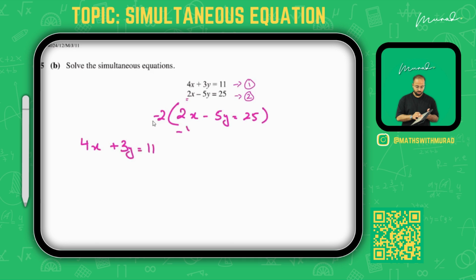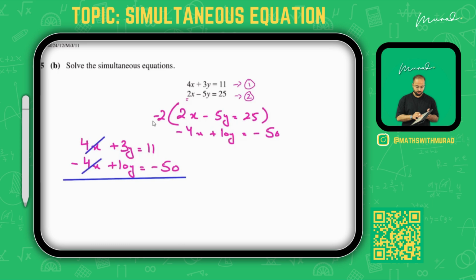Now after multiplying, I'll get minus 4x plus 10y equals minus 50. So that's the answer which I'm going to get, right? I'm going to write this equation number 2 at the bottom of equation number 1: minus 4x plus 10y equals minus 50, right? So I can easily see over here that my x is being eliminated.